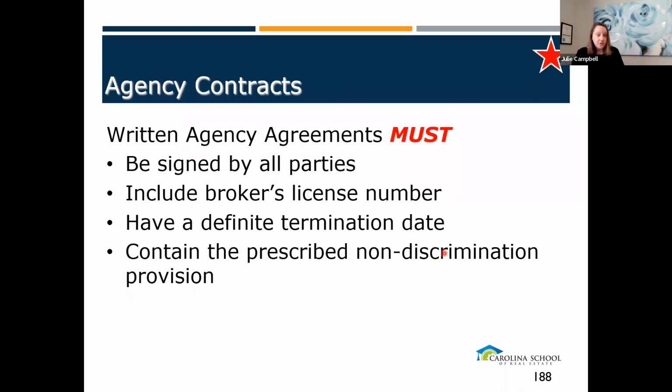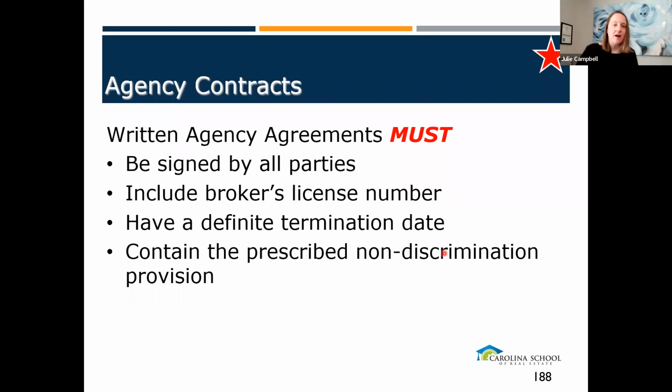And while all firms are different, most firms allow the individual broker to sign the agency agreement on behalf of the firm. So the parties that sign it generally are the client and the agent. The agent signs it on behalf of the firm because we are a general agent with the firm.